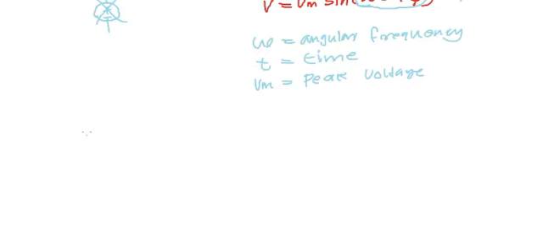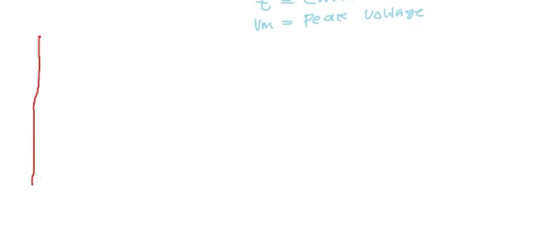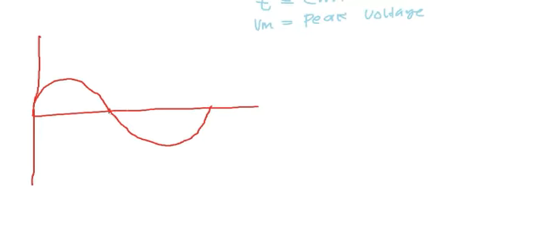Okay, let us try to understand the waveform of AC. In the x-axis, we will mark omega t. In the y-axis, voltage. The maximum value of voltage is Vm.